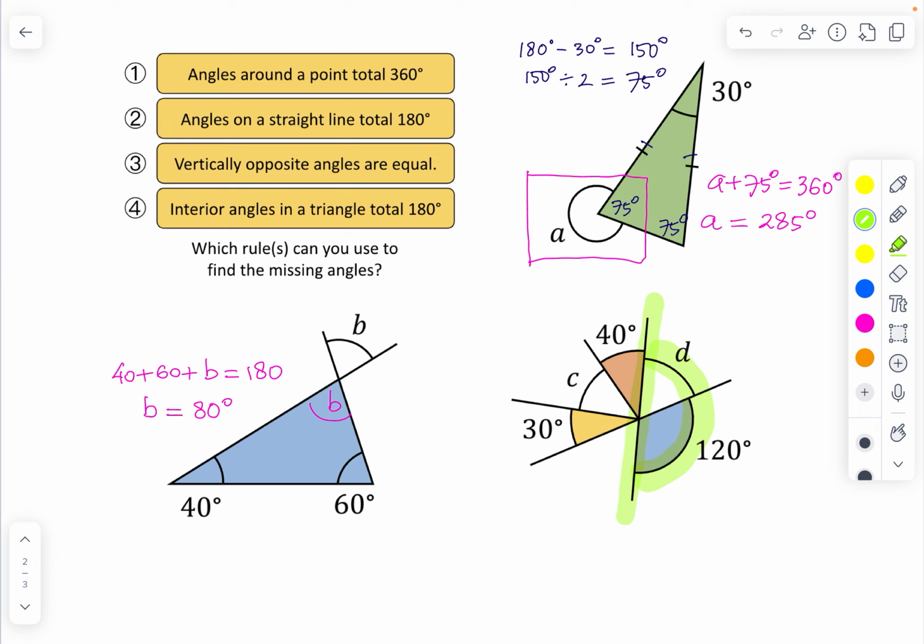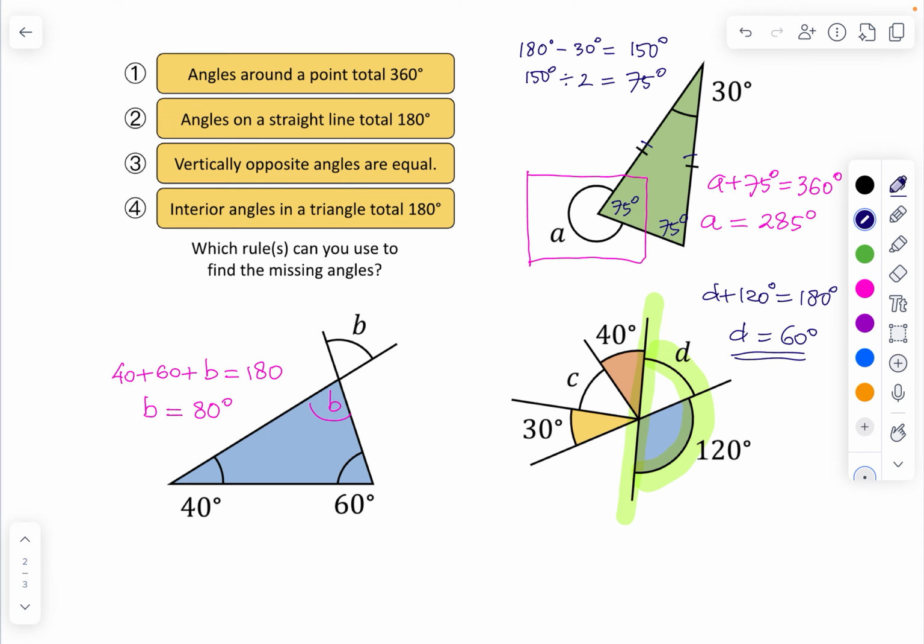So they are also called supplementary in this case. So easily we can figure out that D plus 120 should be 180. So D should be 60 degrees.